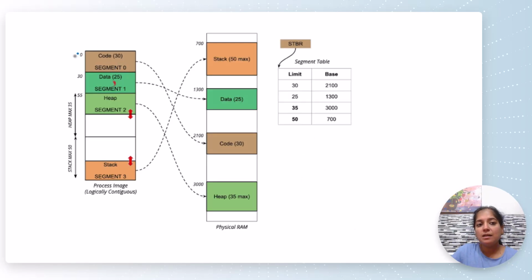So if you see here, the code is in segment 0, the data is in segment 1, the heap is in segment 2, the stack is in segment 3, and so on. As per the segment table, each has a base address and a limit.